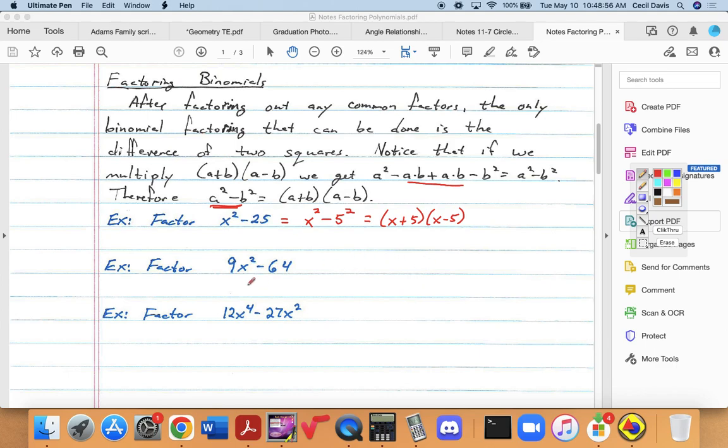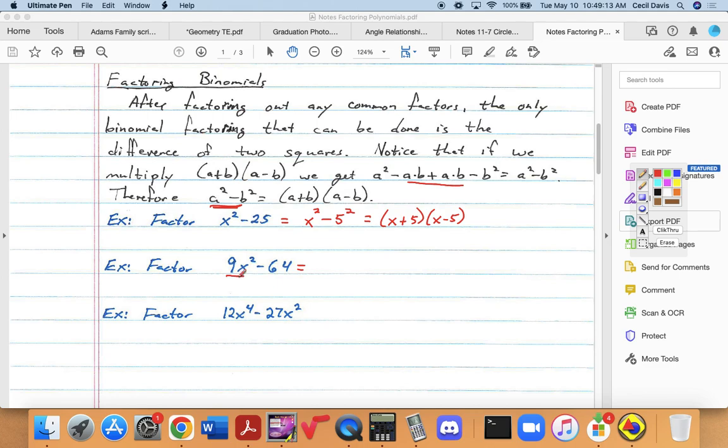All right, for this one, again, we want to think of it as something squared minus something else squared. Now, can we factor anything out of this? No. 3 won't divide evenly into 64.